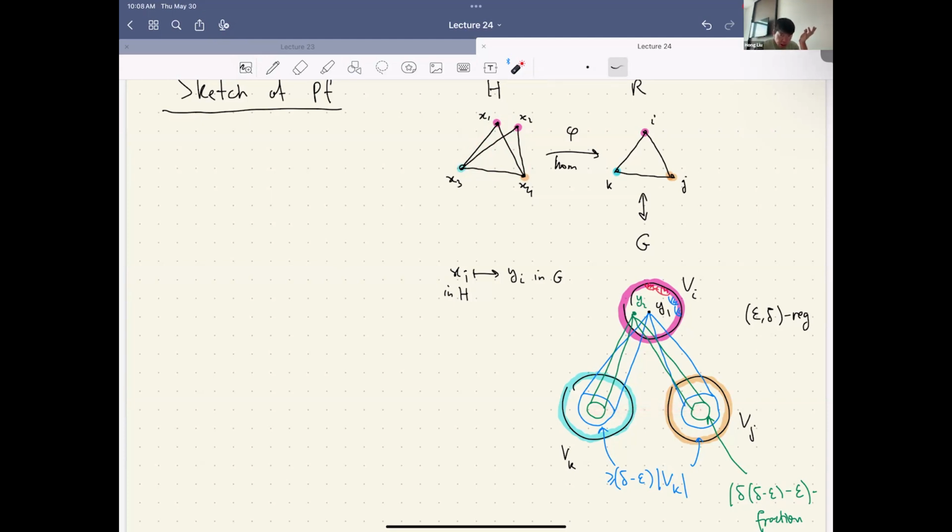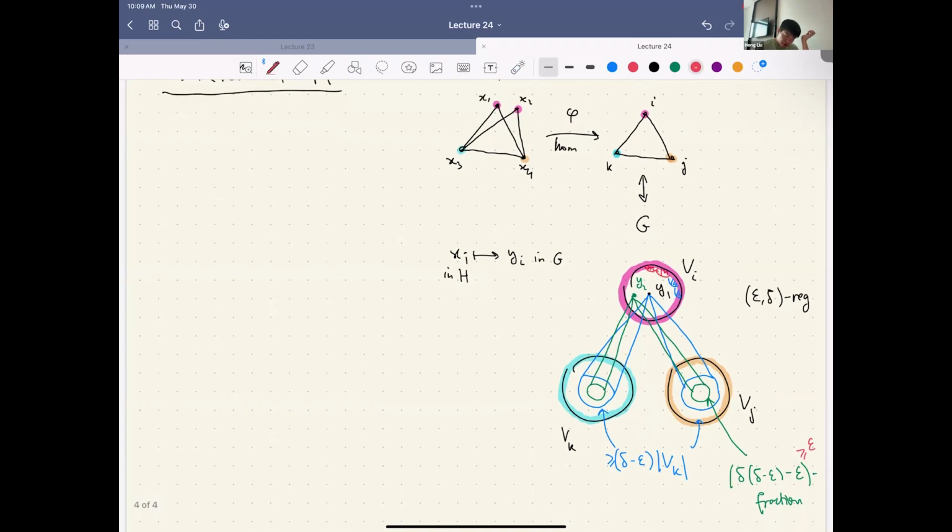And that's also easy because this fraction, we choose delta large enough so that this is still bigger than epsilon. If this is still bigger than epsilon, then by the definition of epsilon-regular pair, the density between this green pair and the density between the large pair are the same, up to plus or minus epsilon.